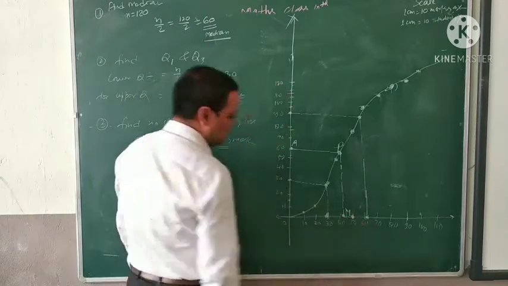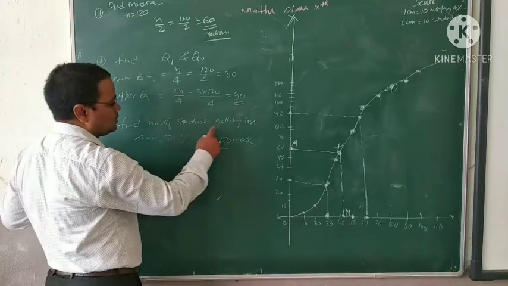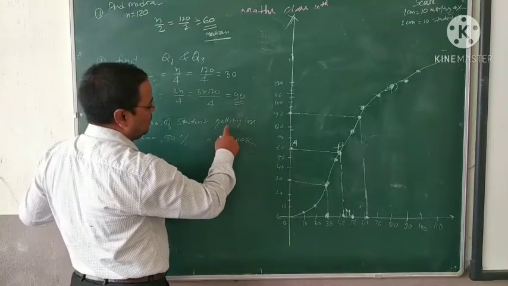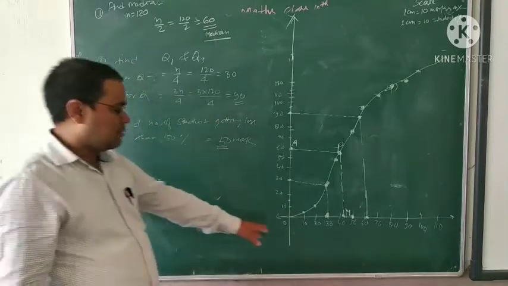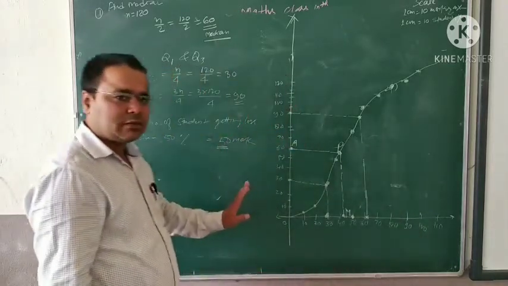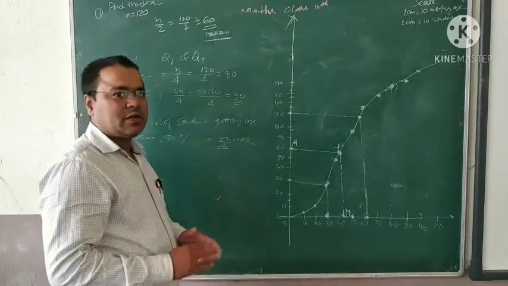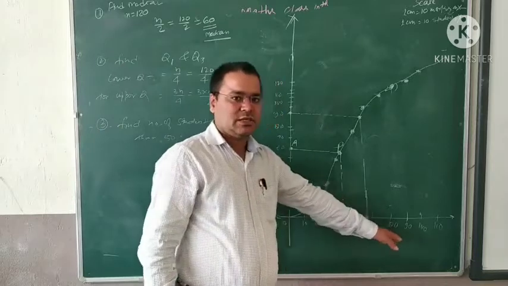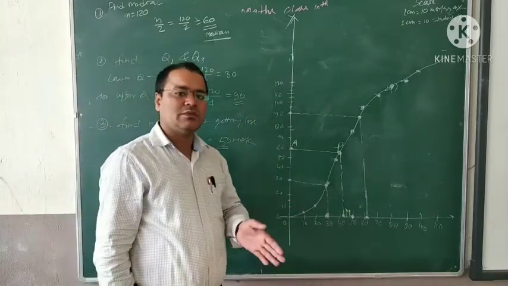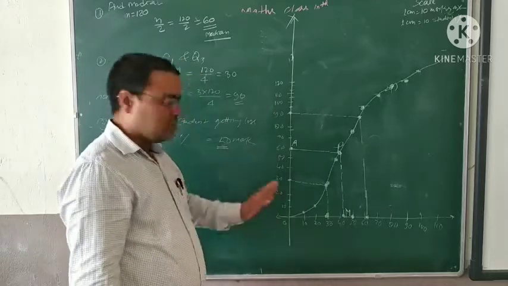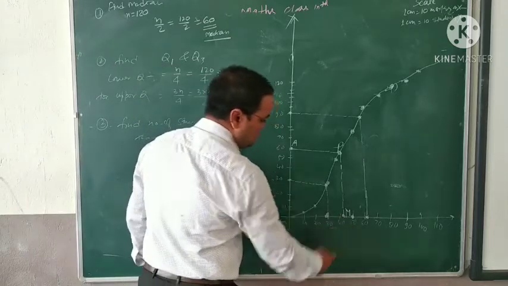Now we are going to find the number of students getting less than 50. Marks are in the form of class interval, and class interval is always on x-axis. Number of students is in the form of frequency, and frequency is always on y-axis. Now 50 marks we search here, so here it is 50.